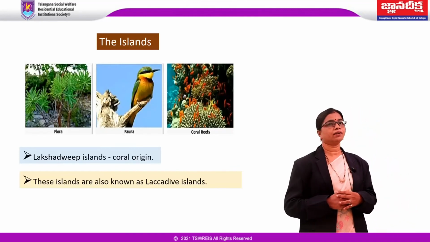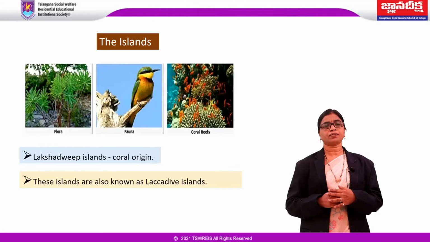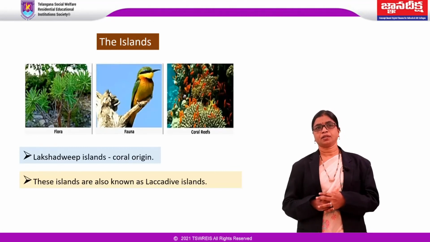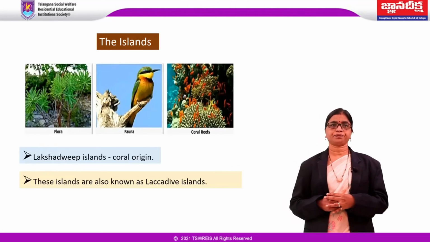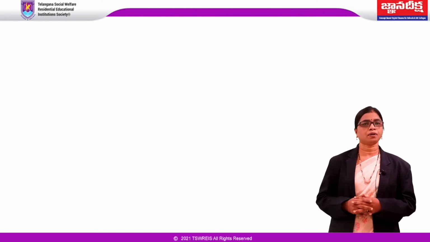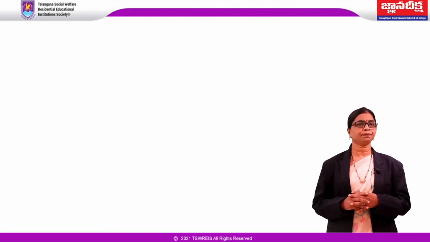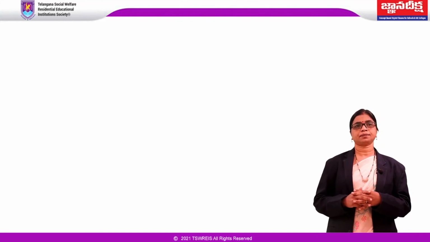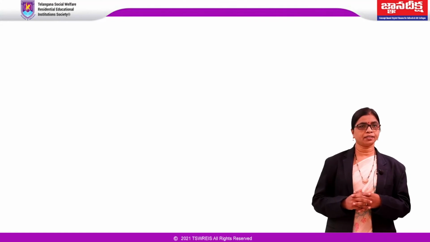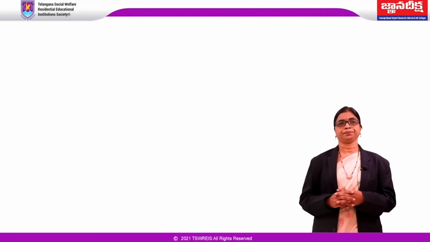Now it is time for the check for understanding. Attend the following questions. The peninsular plateau of India belongs to which of the following landmass? Angara land, Tethys, Eurasian plate, Gondwana land.